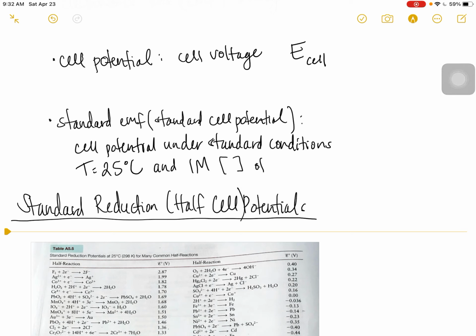And 1 molar concentrations of ions. We know that we could have a situation where it's not standard conditions, but that's not this video. Okay, and we label that E cell with the not symbol. It looks like the degree. We know that means standard conditions.